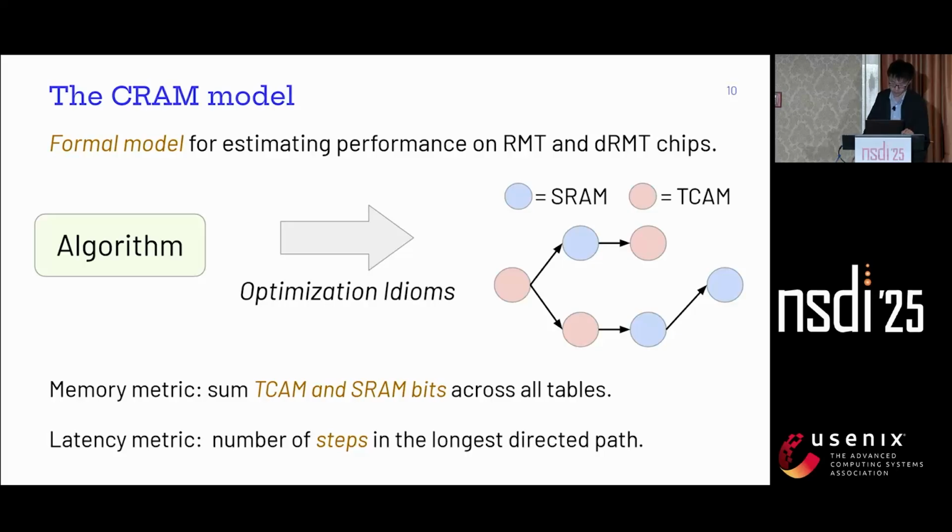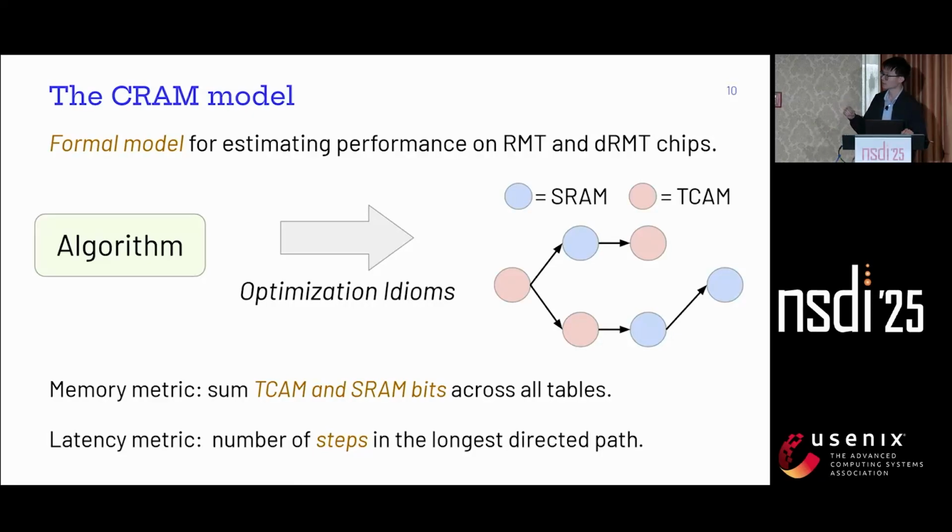The CRAM model is a formal model for estimating performance on RMT and DRMT chips. A typical workflow would be: you start with a base algorithm, depending on the algorithm you custom fit it, and you apply a subset or potentially all of the optimization idioms. The product of that process would be a more RMT-optimized algorithm that leverages both CAM and RAM in some capacity.